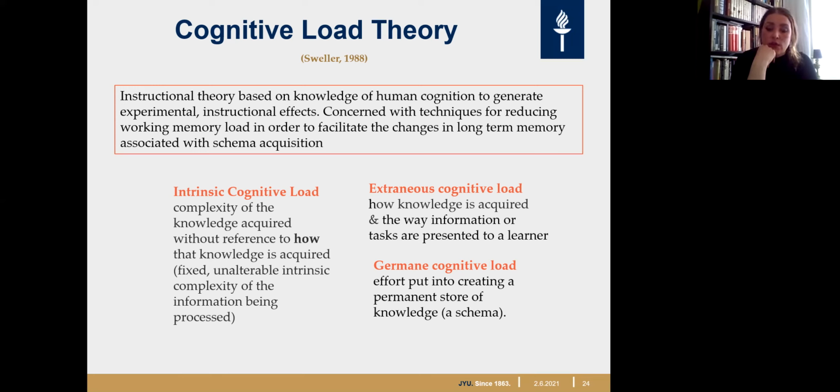Extraneous cognitive load refers to how the knowledge is acquired and how the information or tasks are presented. And germane cognitive load refers to the effort put into creating a permanent store of knowledge, so that is how this is developed into a schema.